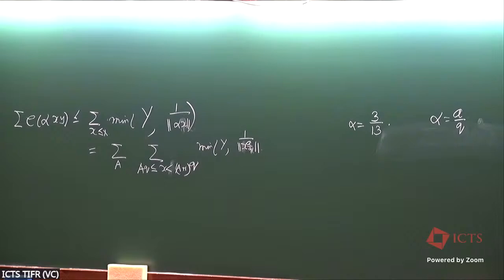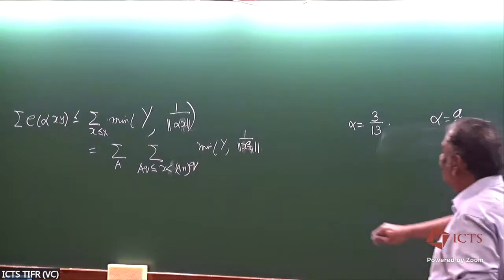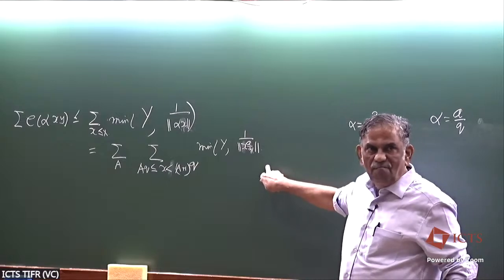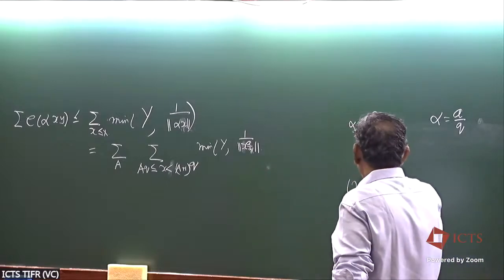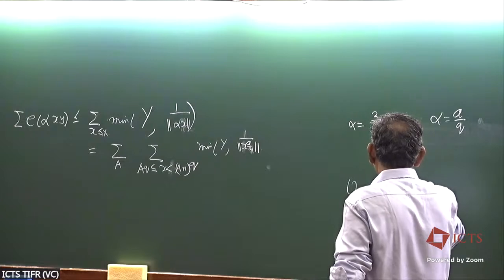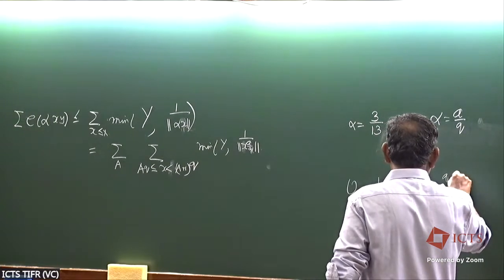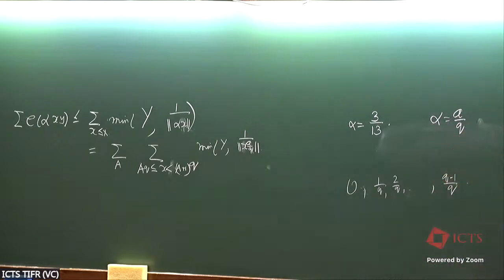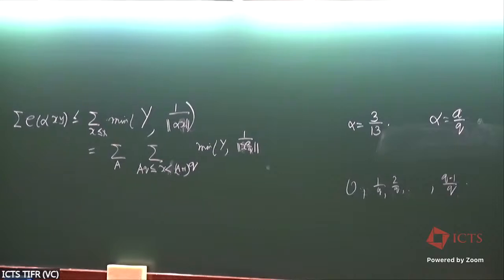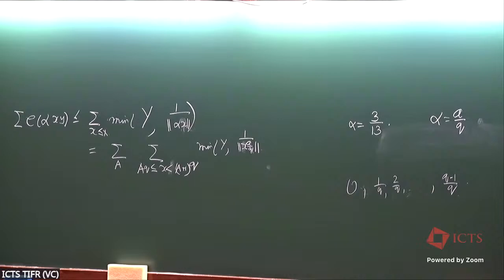And now when x runs over an interval of length q, then this x a over q will take the values 0, 1 over q, 2 over q, 3 over q, up to q minus 1 over q in some order. It may not be the same order in which x goes. Let's say x will go from aq plus 1, aq plus 2, etc. But then this xa over q will go to 0, 1 over q, 2 over q in a different order. But it doesn't matter. This is what I have to invert and sum up.